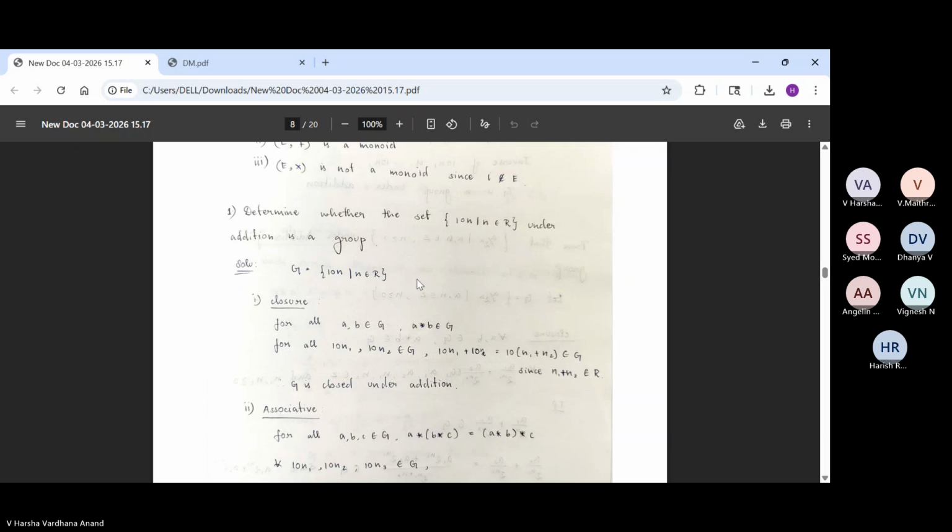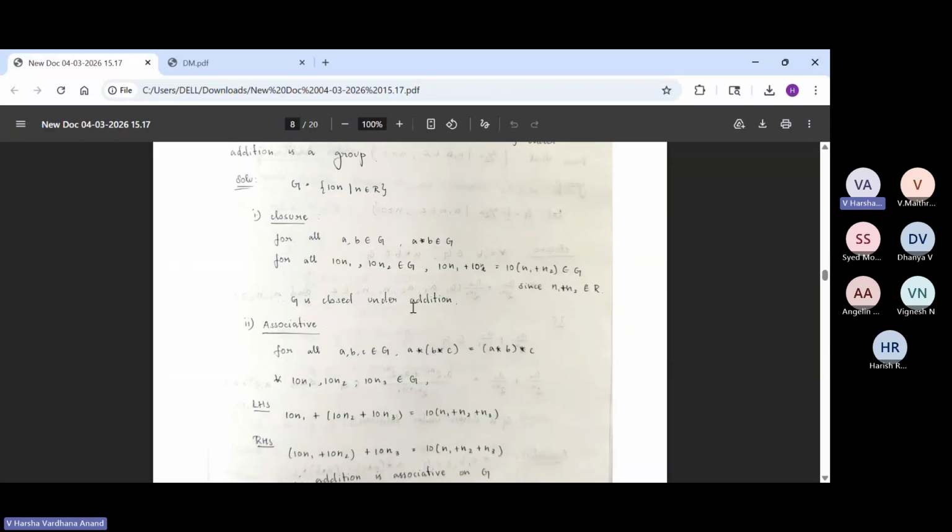Okay, so just see how this solution works. You have to determine whether the set 10n where n belongs to R, under addition, is a group. So addition here is the operation. Just take closure. 10n plus 10n will give you 20n, and 20n is 10 into 2n, so replacing n with 2n you get a real number.